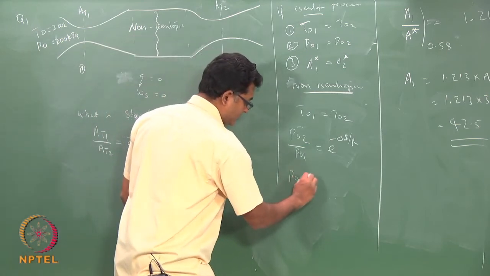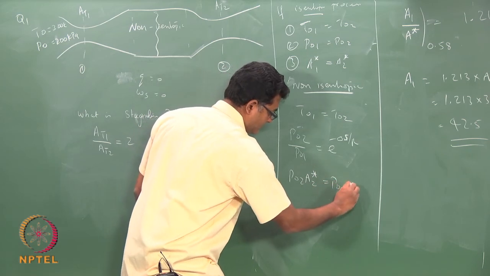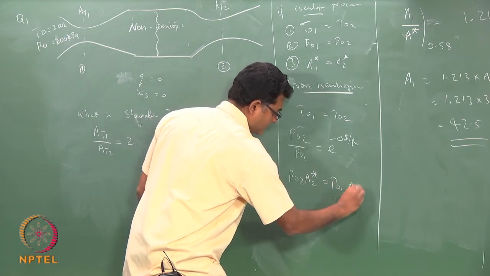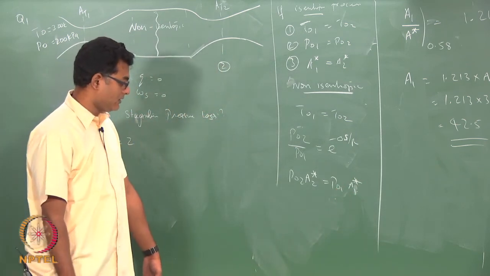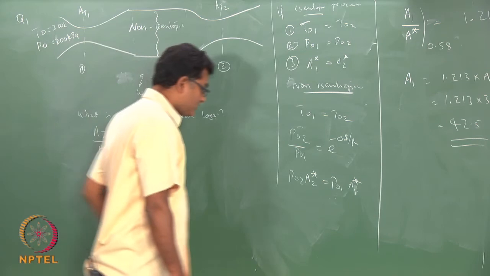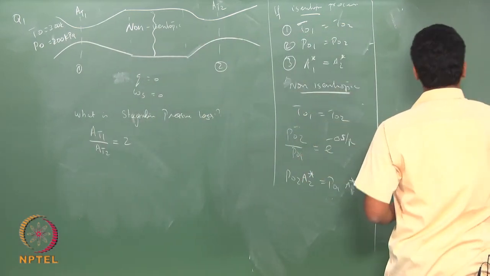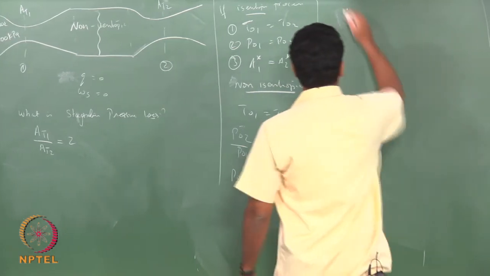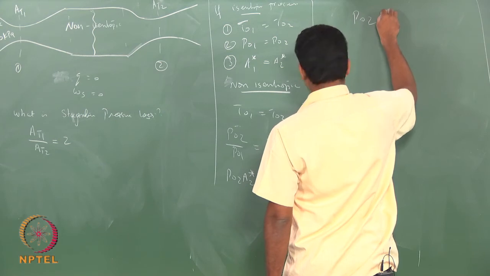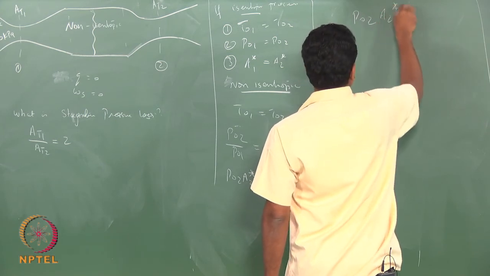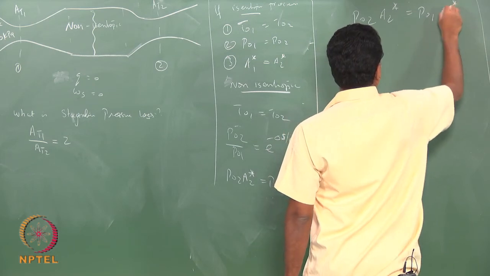We also know this, A1 star. Okay. So, we will use this relation. Now, since the flow is non-isentropic, we will use this relation to find our drop in pressure.